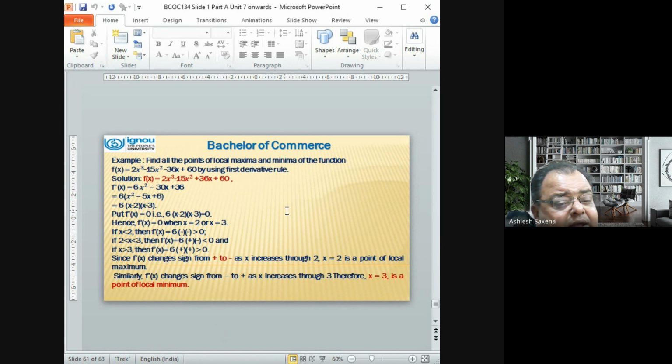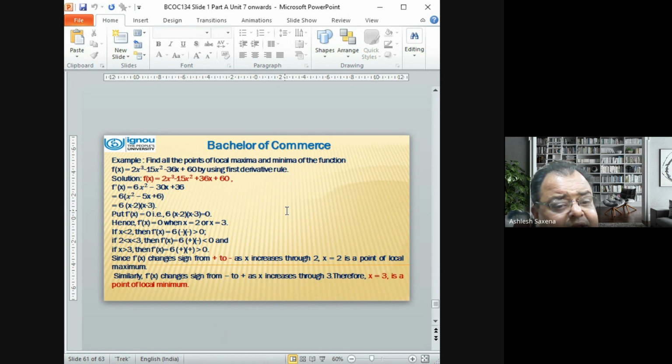If you are taking x less than 2, your f dash x will be greater than 0. And if you are taking any value between 2 and 3, your f dash x will be less than 0. And if you are taking any value greater than 3, your f dash x will be greater than 0. This is normally what we can see.